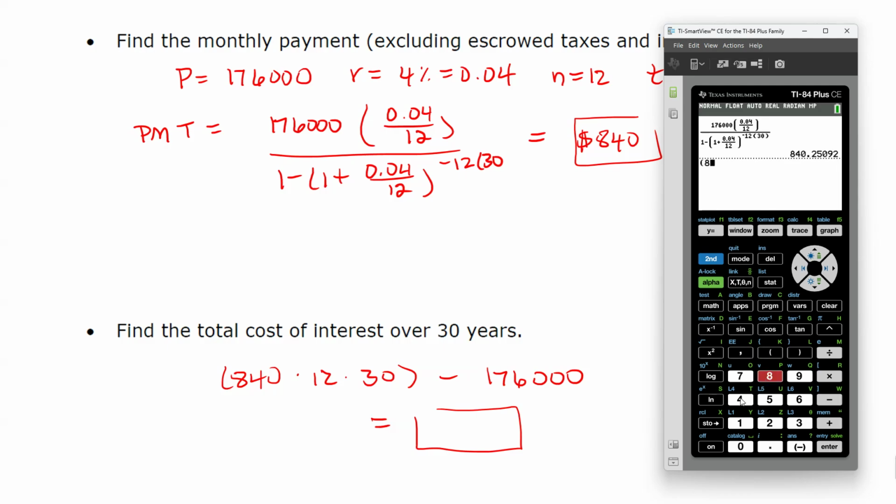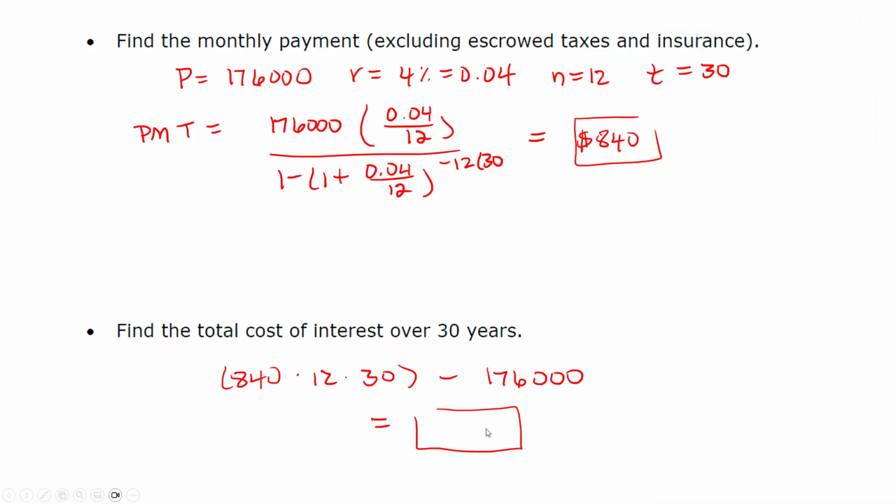So 840 times 12 times 30 minus 176,000. All right, 126,400. That's a lot of money, but that's the amount that we're paying over 30 years, not in just one year sitting, which is good.